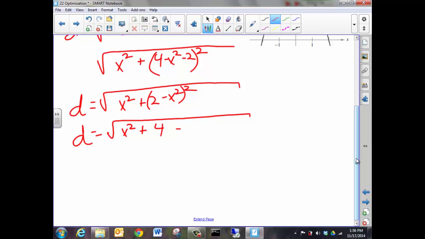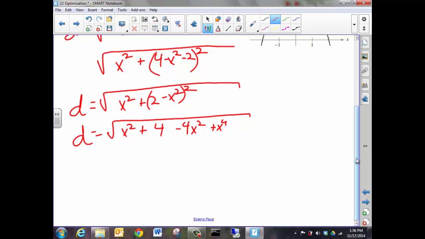4 minus 4x squared plus x to the 4th. I think this, 4 minus 4x squared plus x to the 4th, is what you get when you clean up, when you square 2 minus x squared. Square the front, square the back, twice the product of the two. 2 times 2 is 4, negative 4x squared.